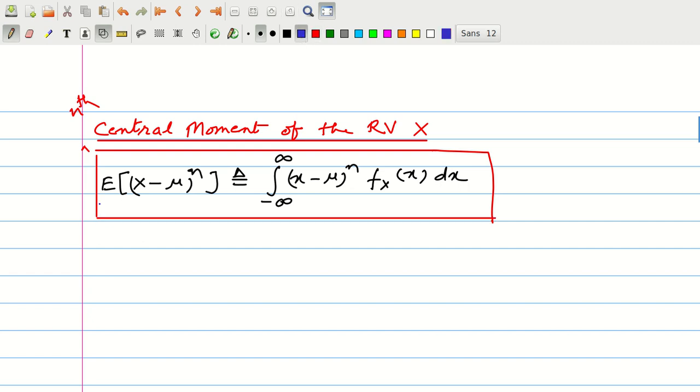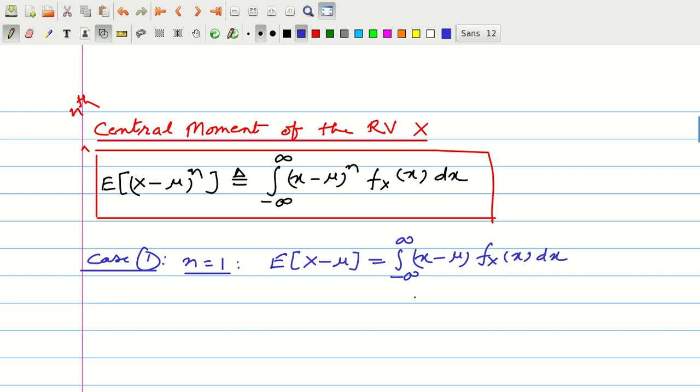So case 1, n is equal to 1. In this case we get E of X minus mu, the first central moment of X, which is by definition integration minus infinity to infinity x minus mu f_X(x) dx, which can be rewritten as integration minus infinity to infinity small x f_X(x) dx minus mu, which is a constant, times minus infinity to infinity integration f_X(x) dx.